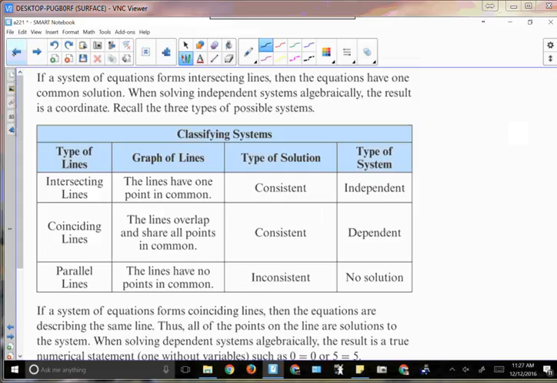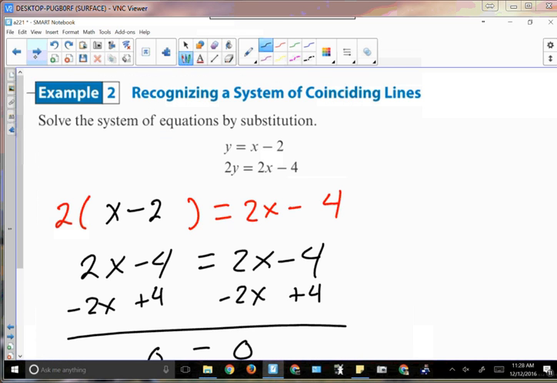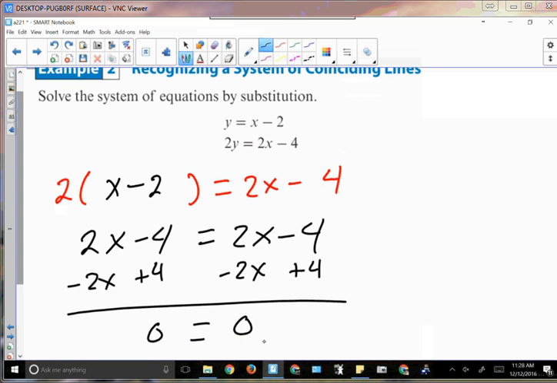Now, let's go back to here. If the lines overlap, they share all points in common. They are consistent and dependent. Okay? So these are coinciding lines. And how I know that they are going to be coinciding lines is when I did the algebra, I end up with something like this.